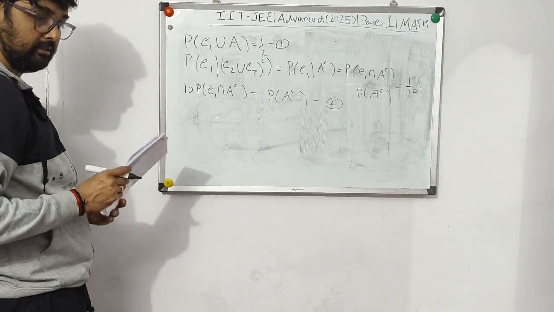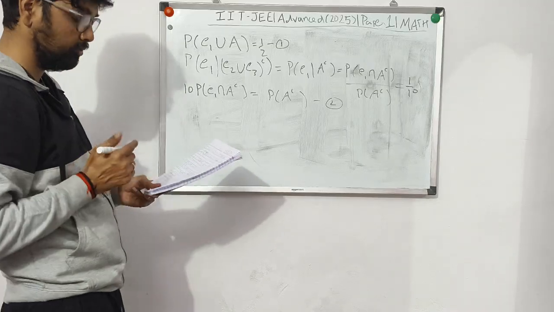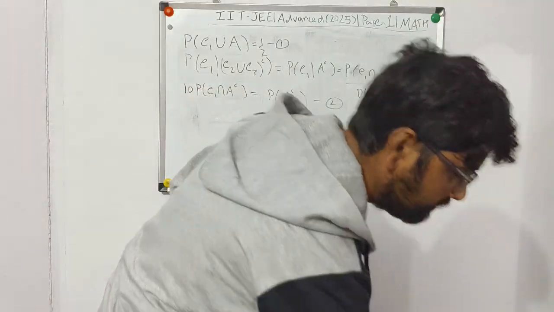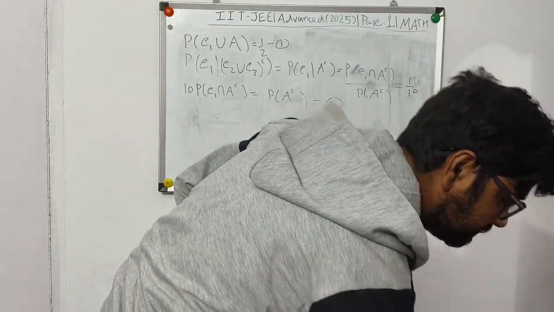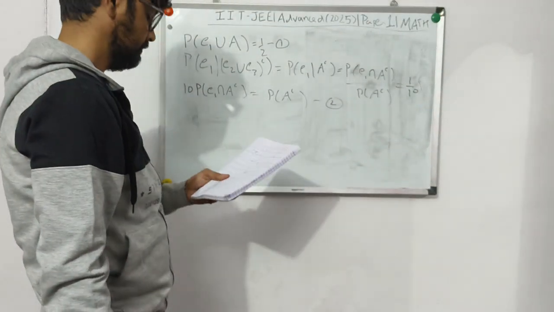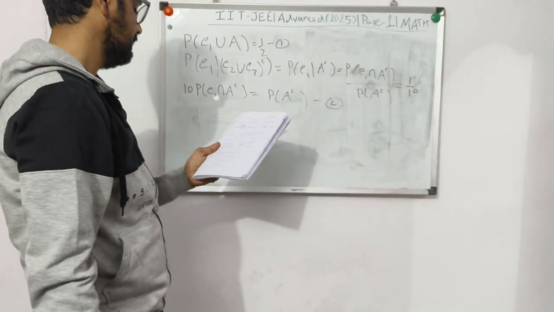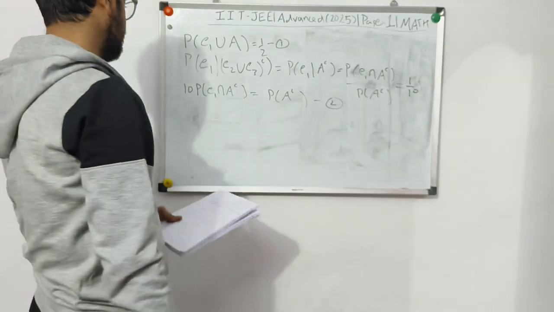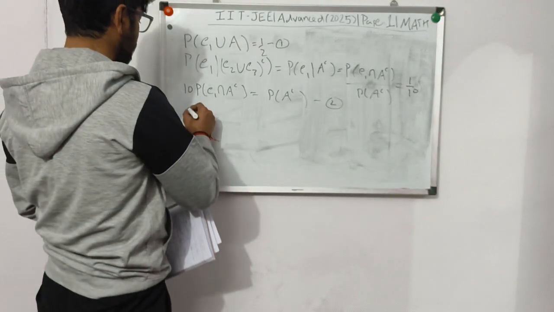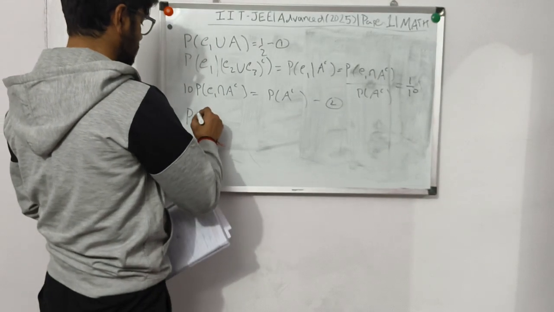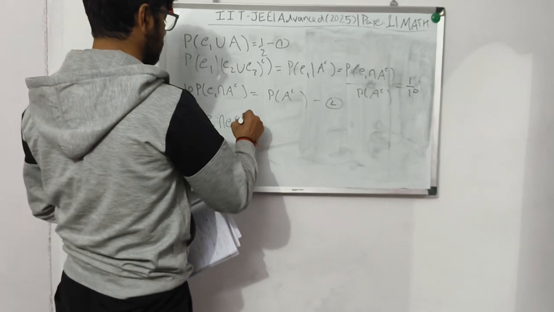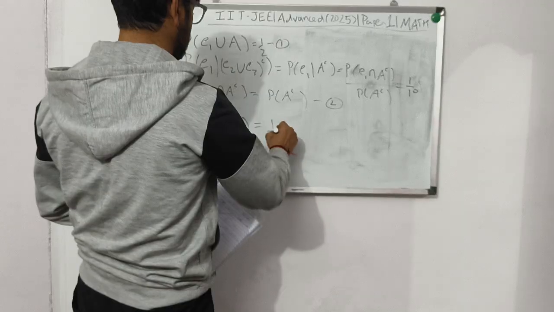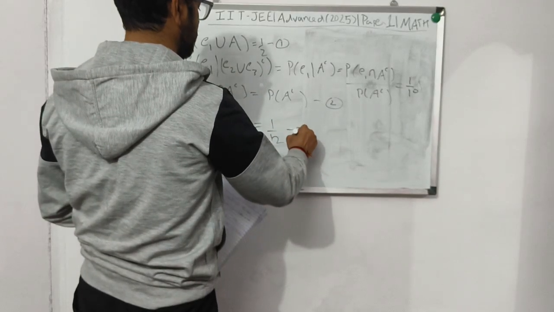The third event whose probability we are given is W, which is simply E2 intersect E3 complement. P(W), we wrote earlier, P(E2 intersect E3 complement) equals 1/12. This is our equation 3.